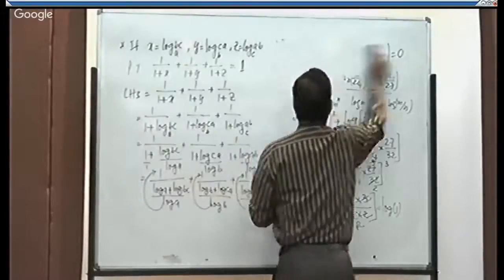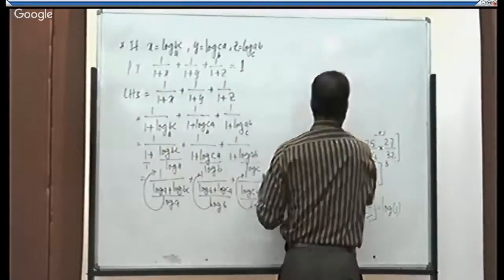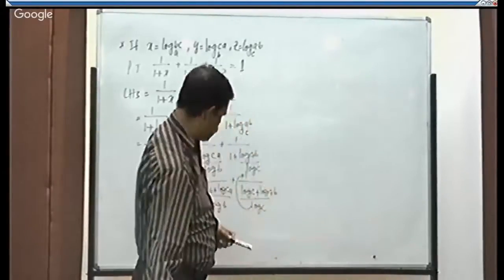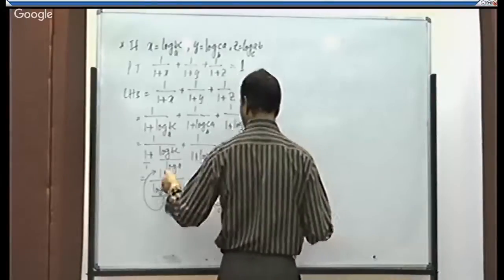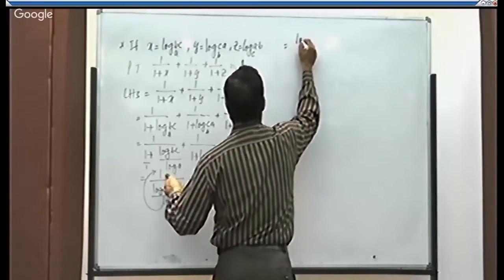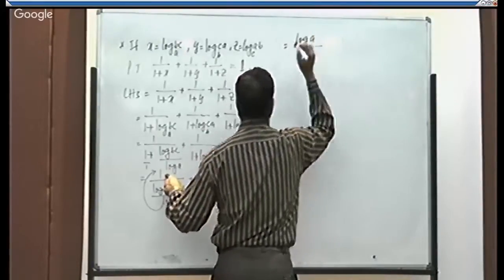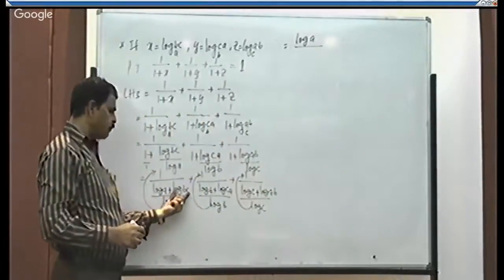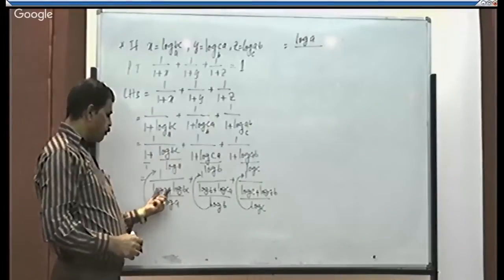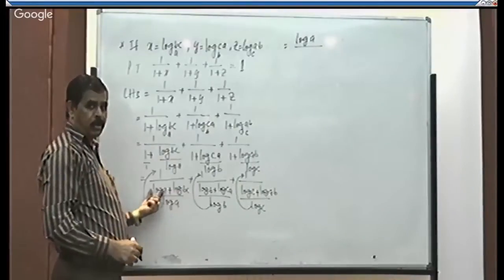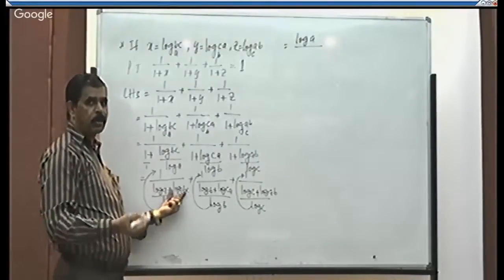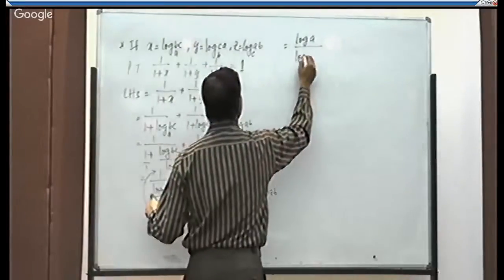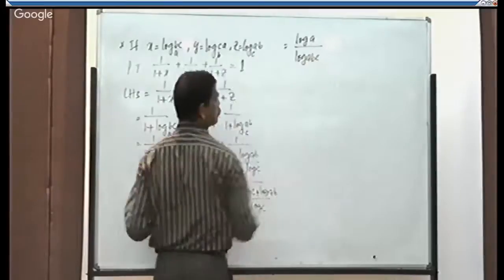Then it becomes log A divided by, observe this, log A plus log of BC, log M plus log N. Log M plus log N is equal to what? Log MN. Therefore, it becomes log of A, B, C.